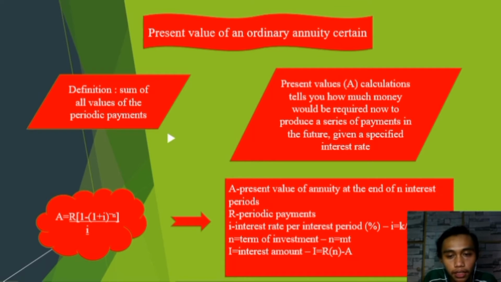R is the periodic payment. i is the interest rate per interest period, which is i equals K divided by M. n is the term of the investment, which is n equals M times T. Big I is the interest amount, which is I equals R times n minus A.